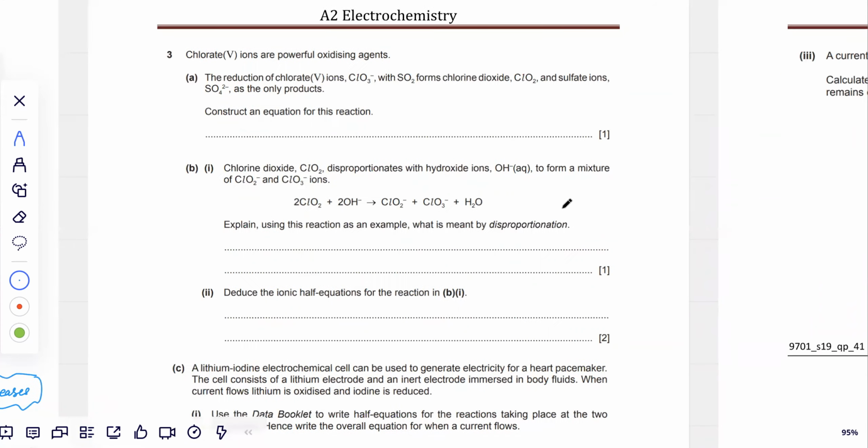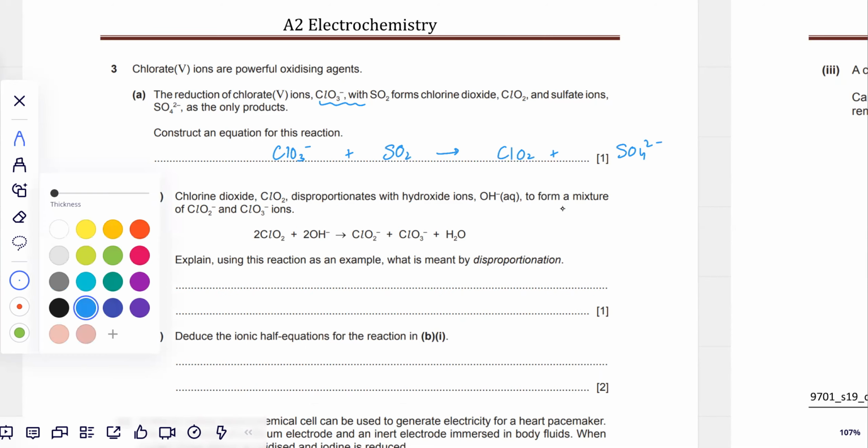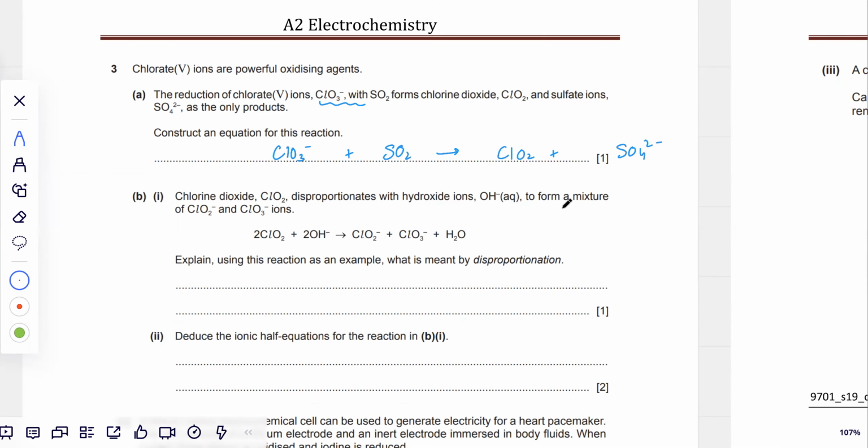So that's the reaction that's happening. Construct an equation for the reaction. So what you have to do is make a balanced equation. Now a redox reaction is only balanced if the number of electrons gained and lost are equal. So what's the oxidation state of Cl over here?